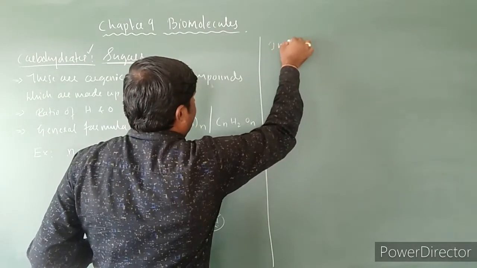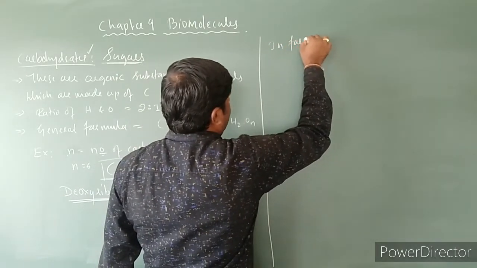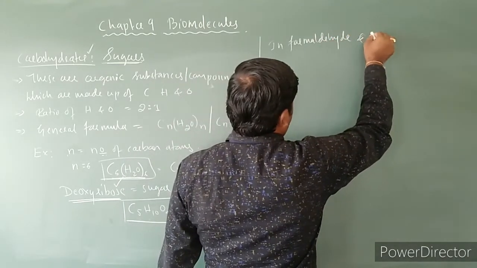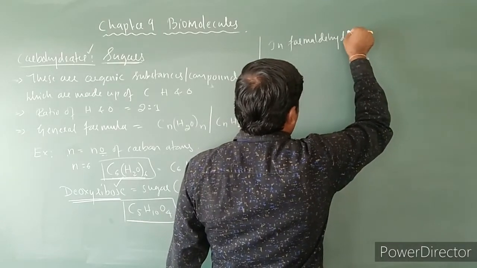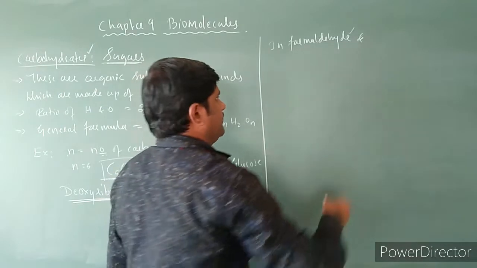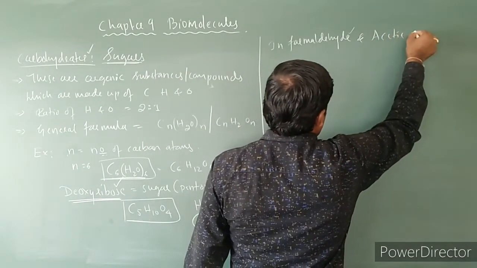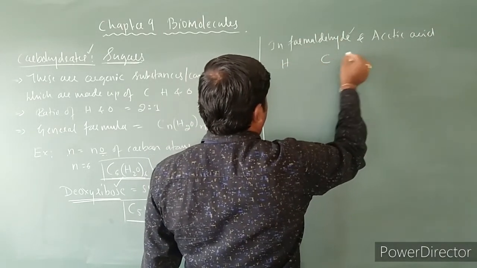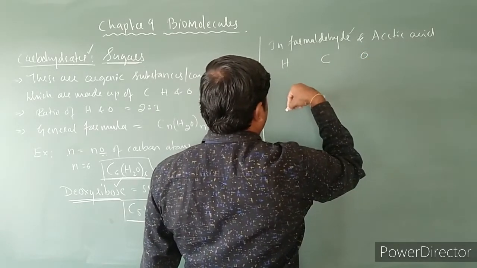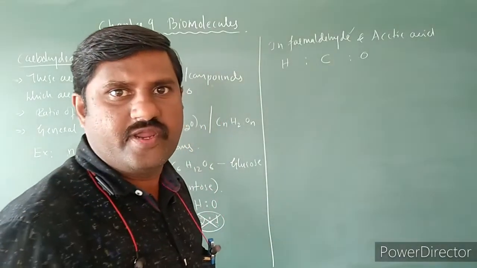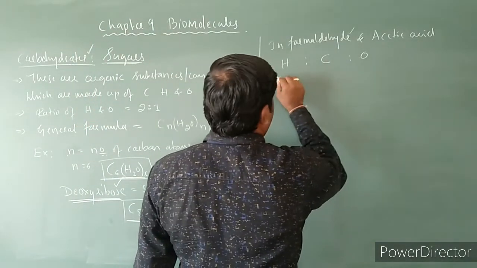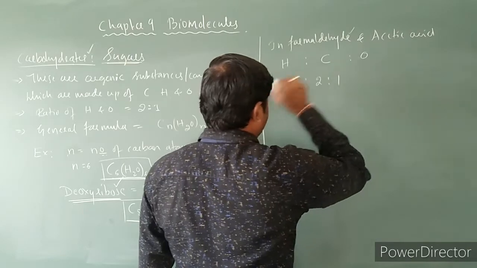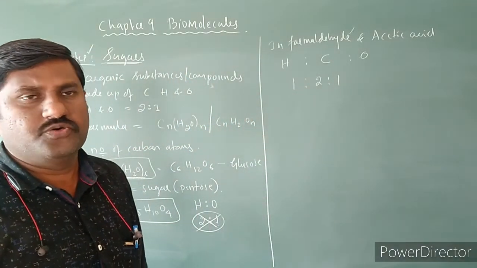In the case of formaldehyde as well as another product, acetic acid, if you take the ratio of carbon, hydrogen and oxygen over here, we will not get the suitable ratio. Its ratio is 1:2:1.